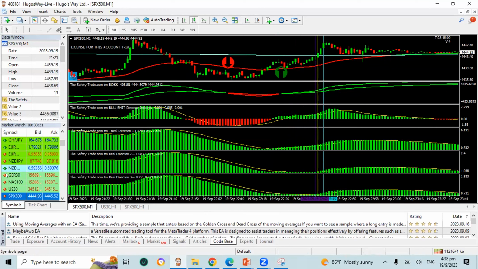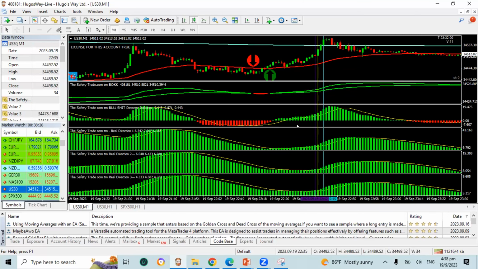So if we go back to the US30 chart, at the point where NAS and S&P crossed, we would have been able to put in some trades on the way. You see NAS and S&P cross round about this time, kind of down here somewhere.